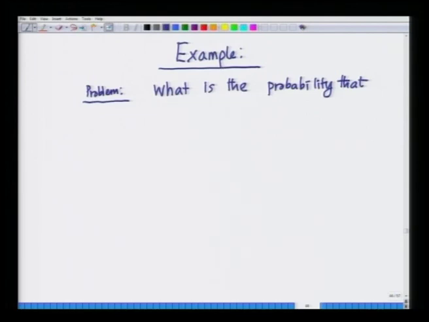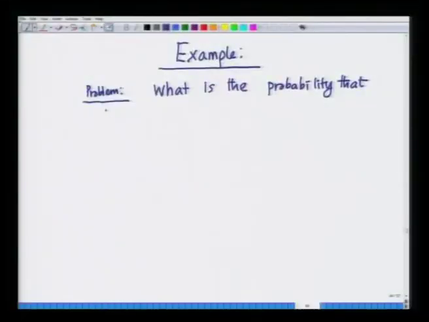So, I am transmitting a signal from the base station, and I am receiving it at the mobile station. Remember, the gain of the signal at the receiver is a random quantity depending on the multipath propagation environment. I want to find out the probability that this attenuation is worse than 20 dB.